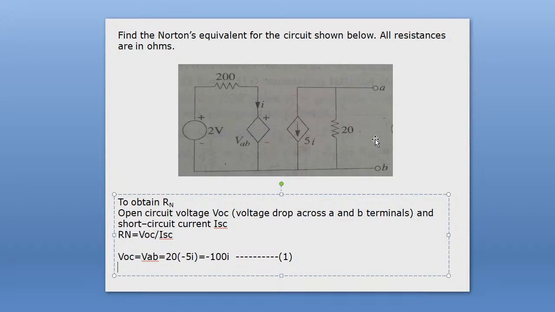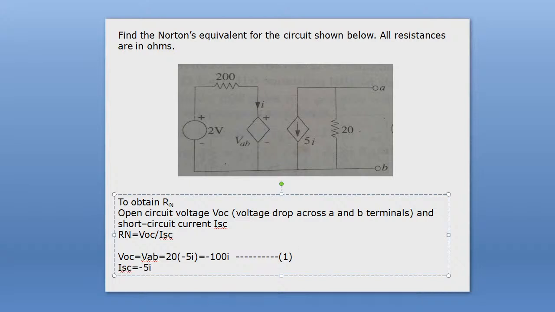Then the short circuit current is nothing but minus 5I. If you short this path, then this resistance is shorted out. Therefore this current will flow through this path. So therefore the short circuit current ISC equal to minus 5I.